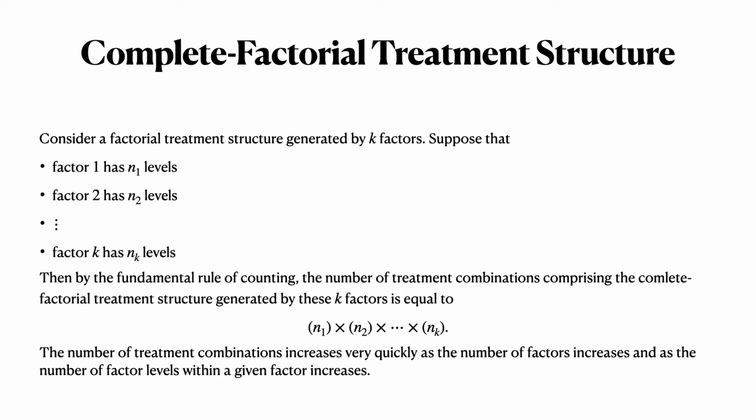Then, by the fundamental rule of counting, the number of treatment combinations comprising the complete factorial treatment structure generated by these k factors is equal to the product of those numbers of levels. So n1 times n2 times n3 and so forth up to times n sub k.